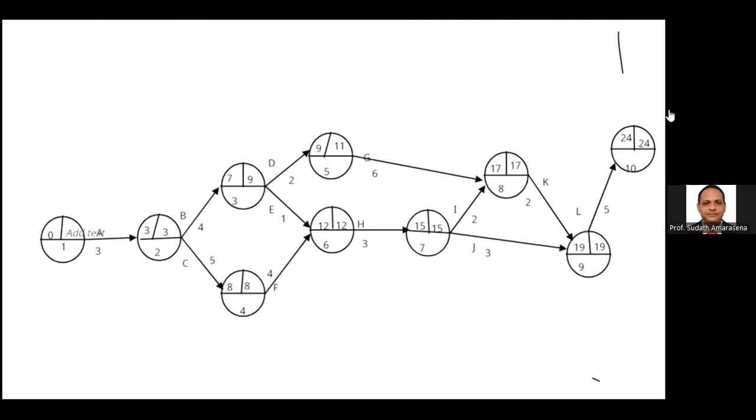Now you can see the critical path. A critical, then C critical, F critical, H critical, I critical, then K critical, L critical.